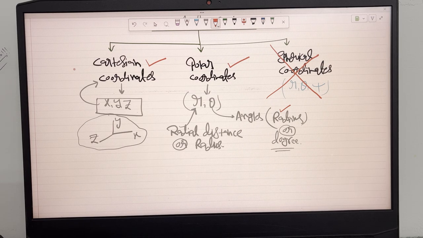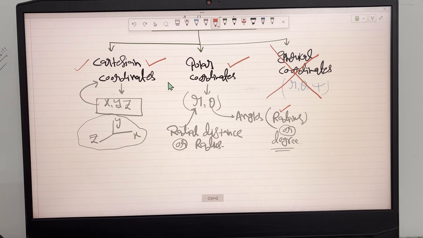More precisely, Cartesian coordinates. We study the polar coordinates for different things, and questions also come from polar coordinates. But mostly the questions come from Cartesian, whether it is mathematics, aerodynamics, or propulsion. But there must be questions regarding polar coordinates also, so you must study the polar coordinates too.